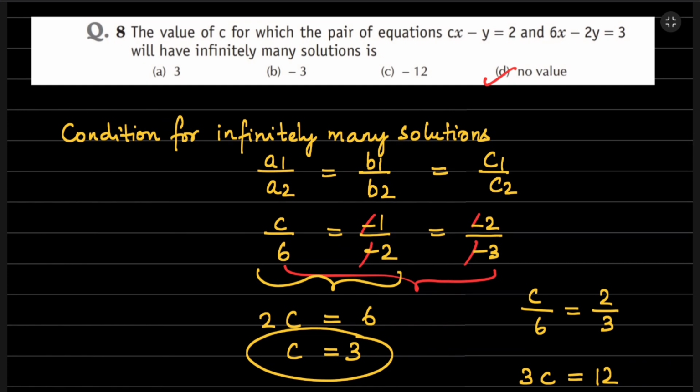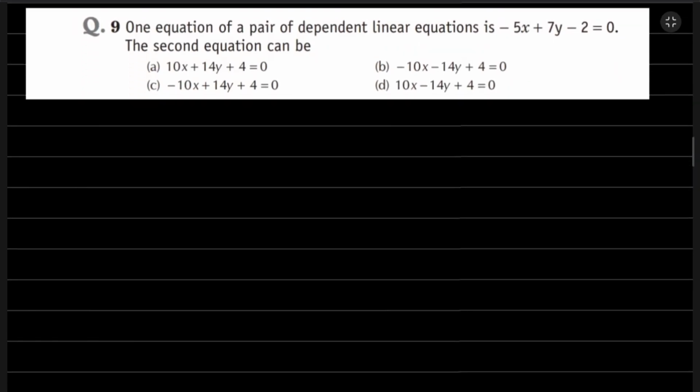Let's move on to the 9th question. The 9th question is, one equation of a pair of dependent linear equations is given. The other equation can be. So you have to be clear about what they mean by dependent linear equations.